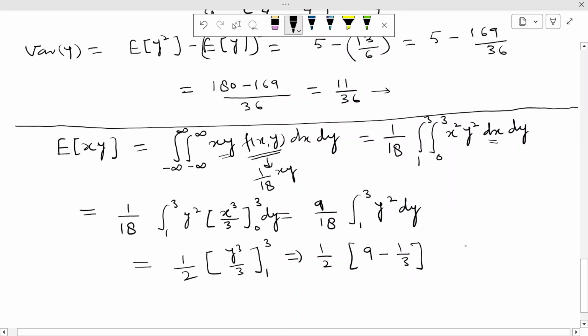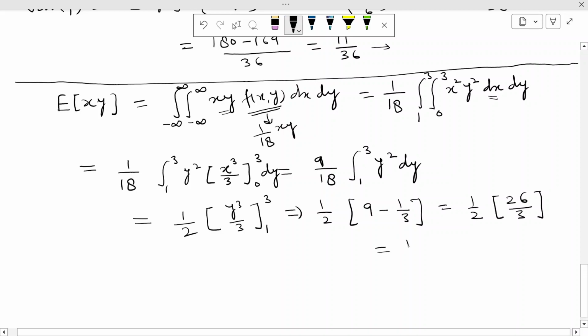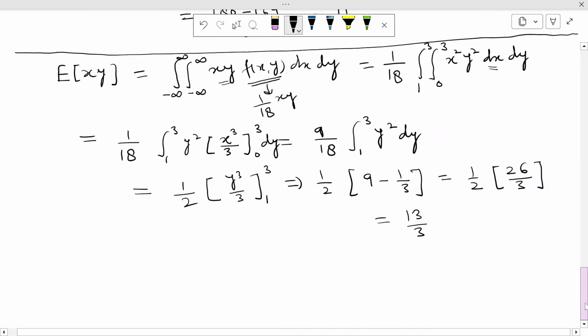So this will be 1 by 2 multiplied by 26 by 3, or you can say that expectation of xy is coming out as 13 by 3. Okay, so this is how we can obtain different types of expectation, expectation of x square, y square, and the joint expectation.